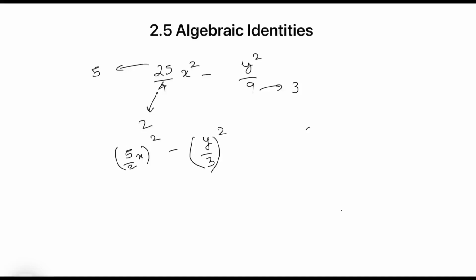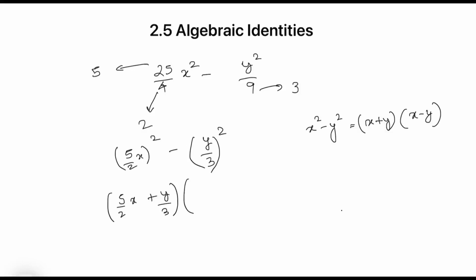This is of the form x square minus y square, which can be factorized as x plus y multiplied by x minus y. Therefore, the factors of this expression are (5 by 2 x plus y by 3) multiplied by (5 by 2 x minus y by 3).